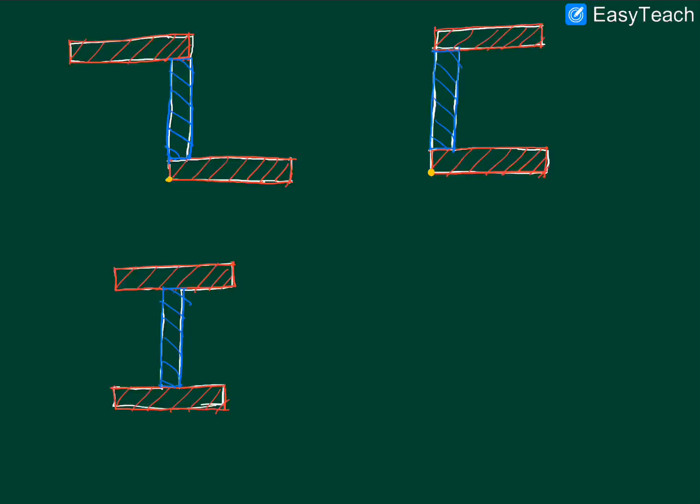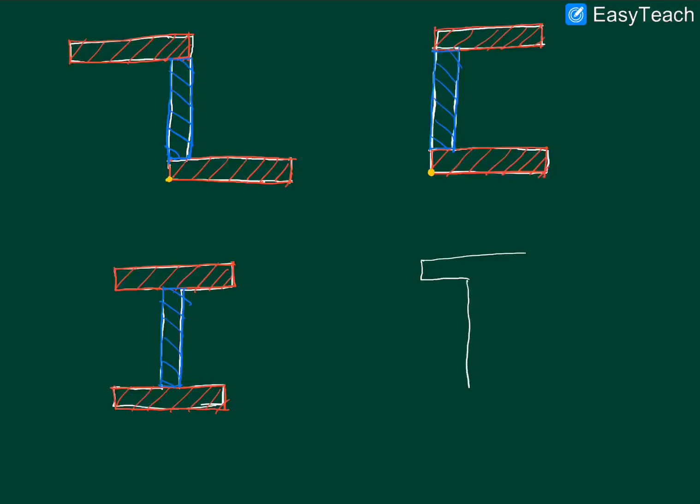Please note that unlike the other cross sections, this I section does have some nice symmetry associated with it, but it can still be subjected to some sort of unsymmetrical bending if the bending moments are applied on it in some kind of arbitrary fashion. And extending our discussion, we can have another section like the famous T section.